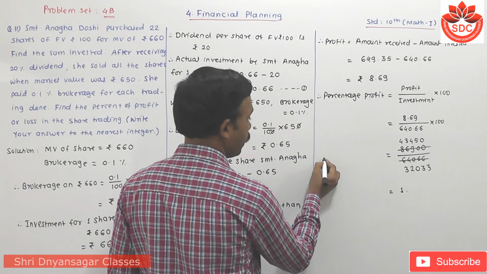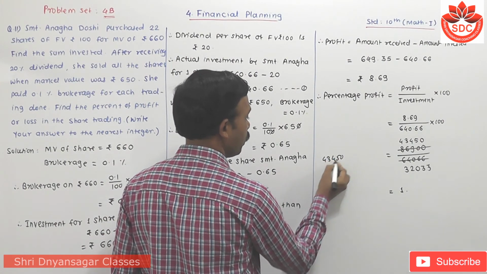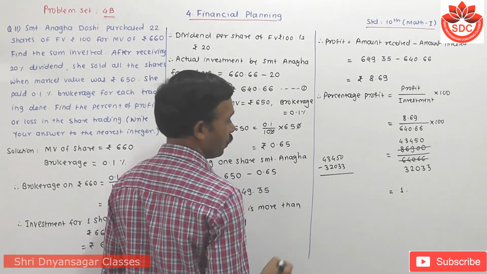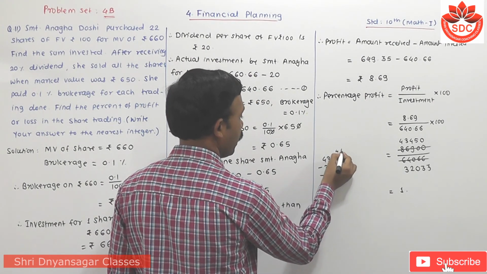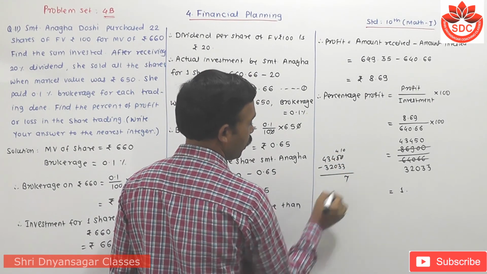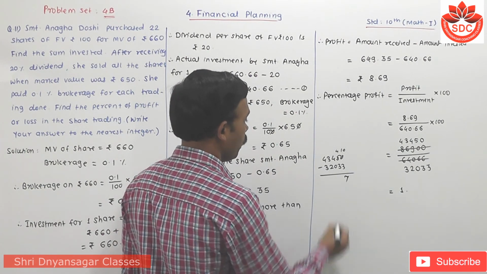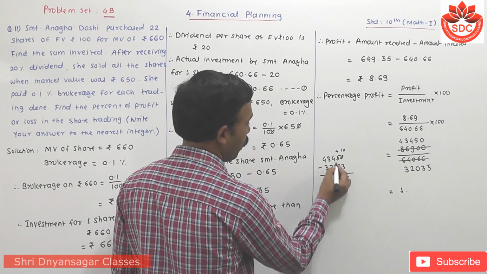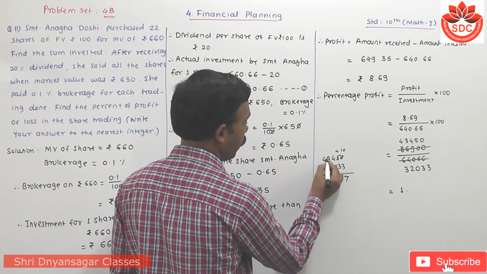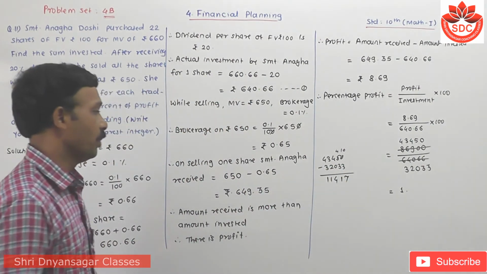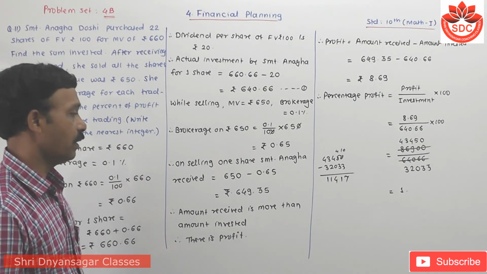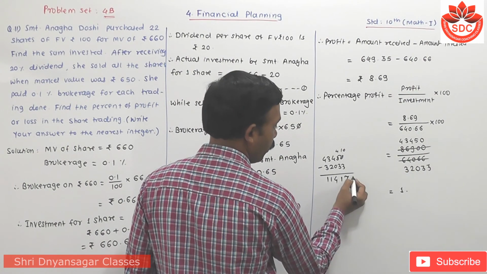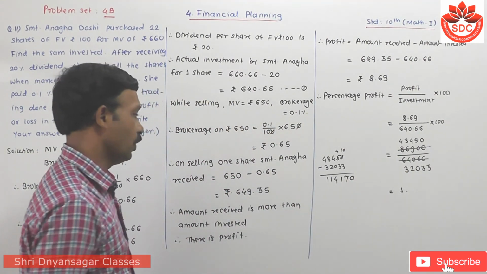I have to take subtraction here, 43,450 minus 32,033 is equal to, here is 4, here is 10. 10 minus 3 becomes 7. Then 4 minus 3 becomes 1. Then 4 as it is, and this 1, and this is also 1. Means that 11,470. We cannot divide, take here decimal point, then we take 0 here.